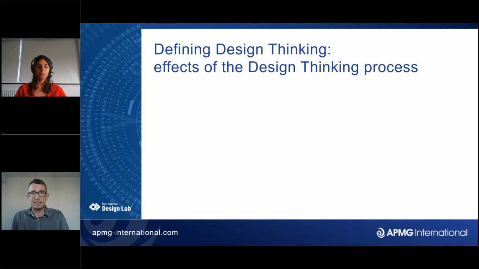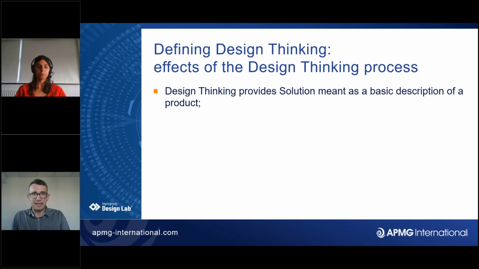When you connect design thinking with the pre-project phase in that way, you can get a basic description of a product, which will be developed in the project management process. Thanks to the design thinking process, the product will be well understood by the project team, and there is much less misunderstanding of the project goal.